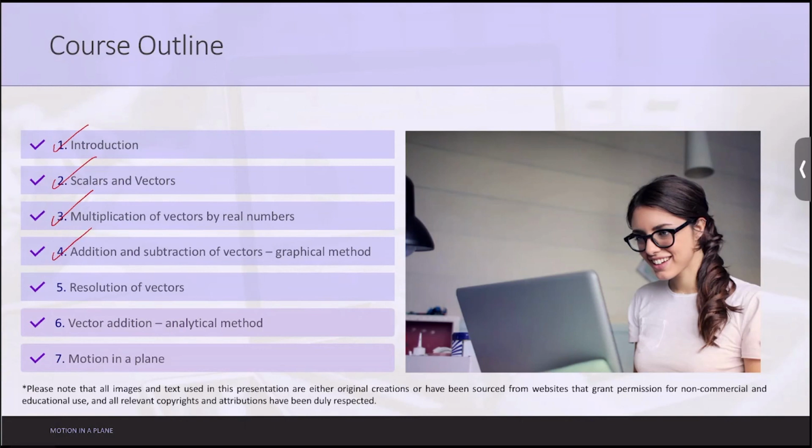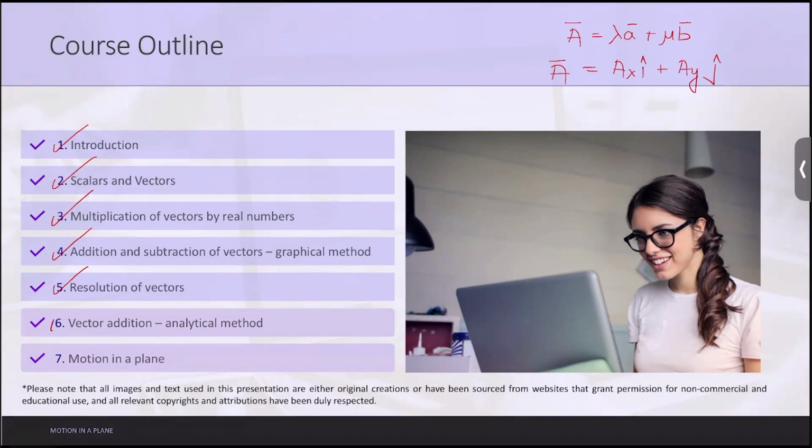Then next was the resolution of vectors. Let's say a vector has been resolved into two components, namely lambda times a and mu times b. And in coordinate terms, in i cap and j cap terms, we can write this as ax i cap plus ay j cap. That is how we understood the concept of resolution of vectors.